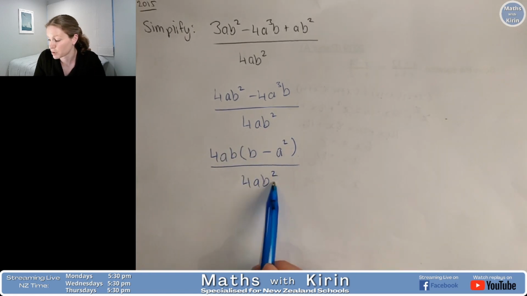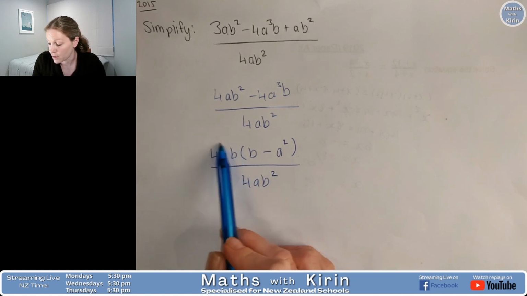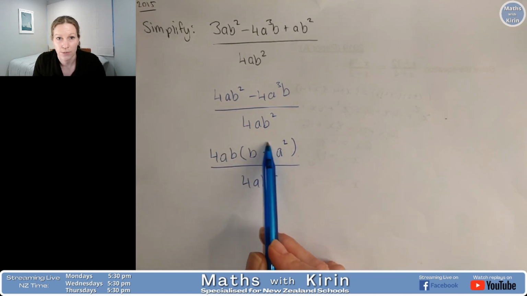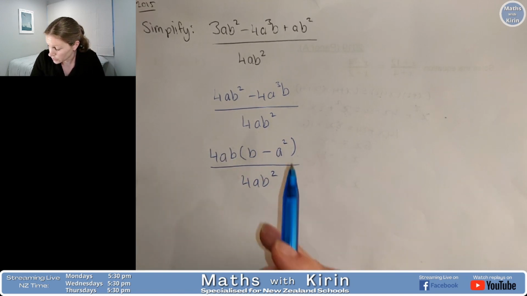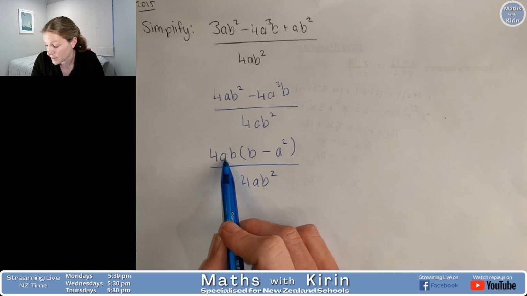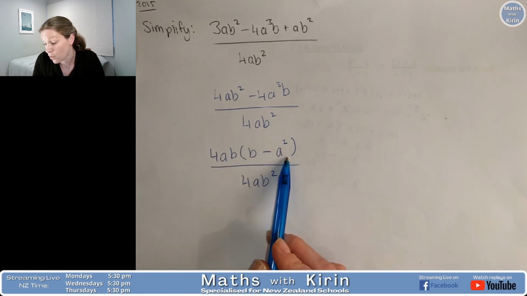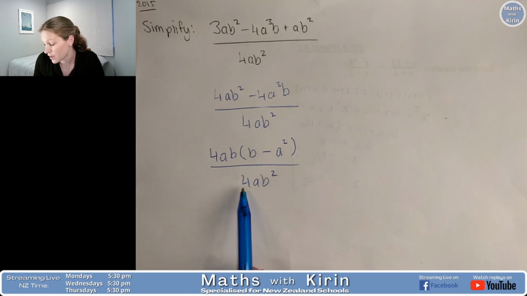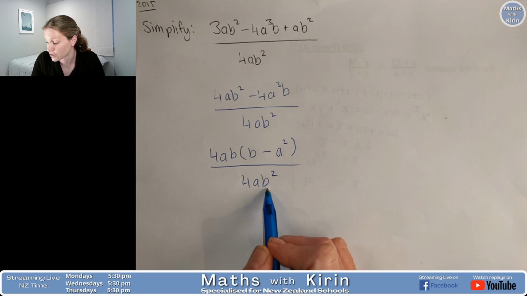Okay, so this is already multiplying. We can already see our factors, and we've got 2 factors for the numerator: 4ab is 1, and that b minus a squared is the other. So we can cancel, because we've got 4 times a times b times this bracket, so we've actually got 4 factors in that numerator, and 3 factors in the denominator, although I guess you can count b squared as 2.